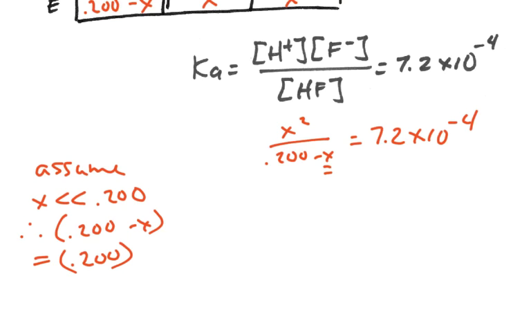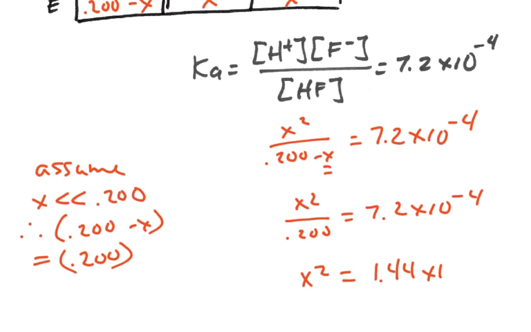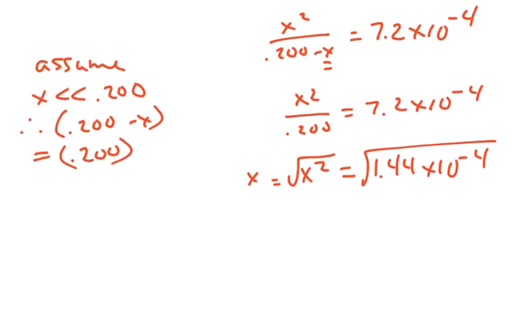So we just make the simplifying assumption, X squared over 0.200 is equal to 7.2 times 10 to the negative 4. That would mean that X squared is equal to 1.44 times 10 to the negative 4. And we really want our value of X, which would be the square root of X squared, which is going to be the square root of 1.44 times 10 to the negative 4.